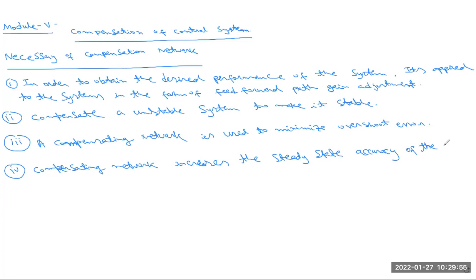This is very important. Some systems do not give 100% accuracy in the result, so you have to use these compensating networks to increase the steady state accuracy of the system.